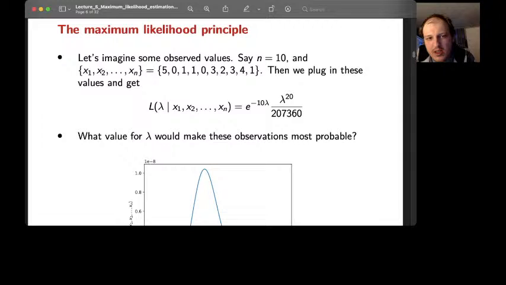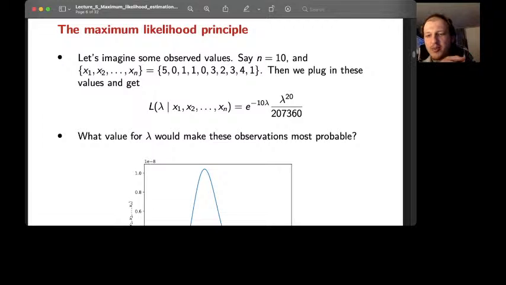So is it clear how we get from data points and distribution into likelihood? Basically that's the part where you have the probability theory.